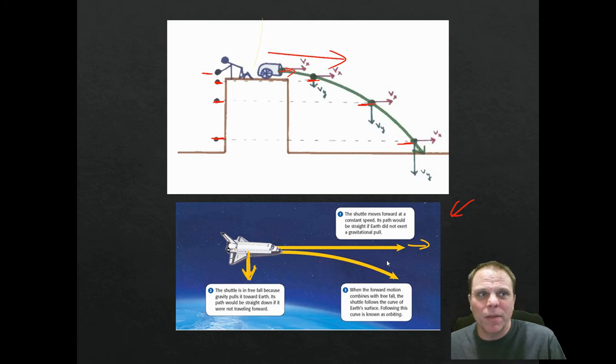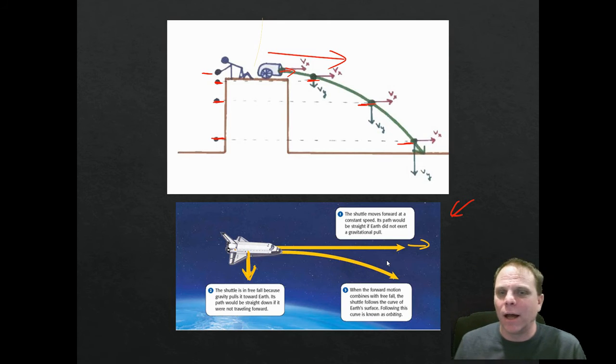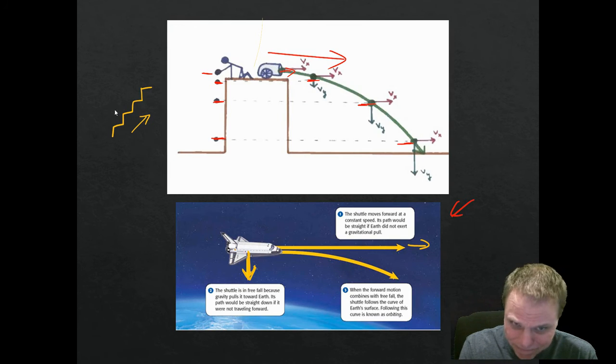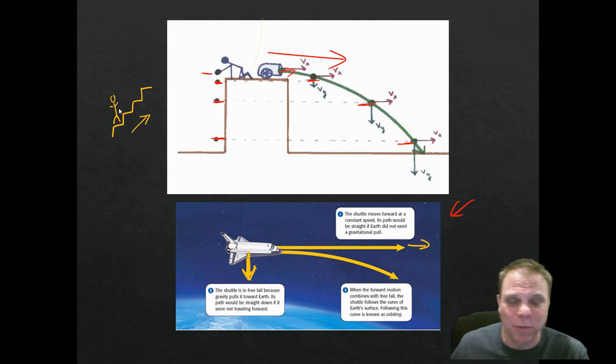Kind of imagine that you are walking on some sort of escalator, right? Let's say you've got an escalator and you're walking on that escalator, and imagine that you are walking backwards, right? So the escalator is going in this direction, and you are walking in this direction. You guys have done this before.